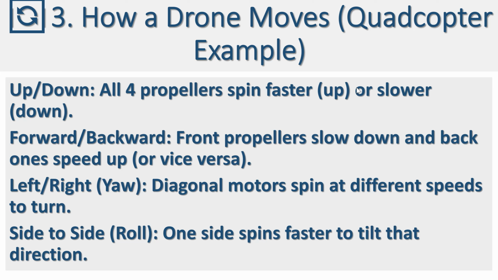Left or right, yaw: diagonal motors spin at different speeds to turn. Side to side, roll: one side spins faster to tilt in that direction.